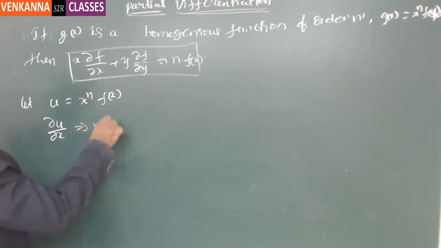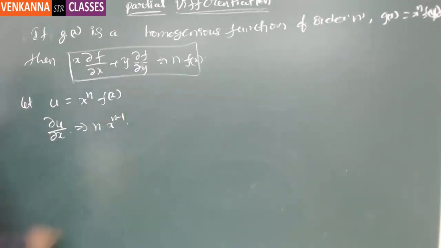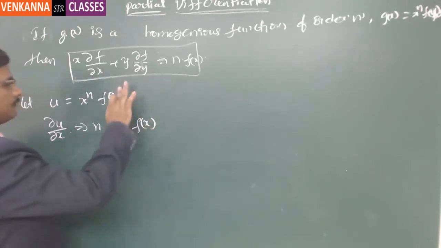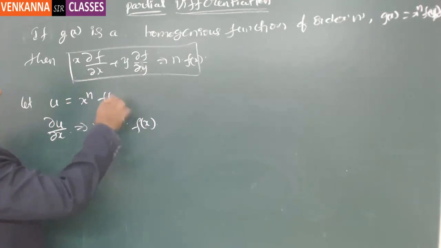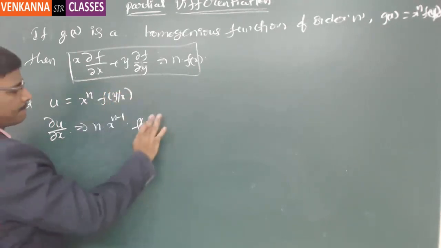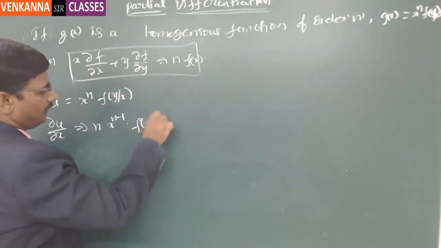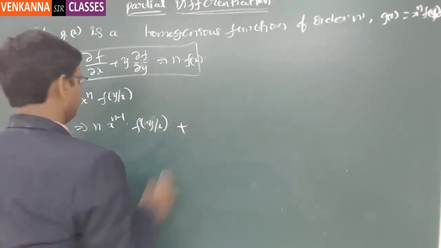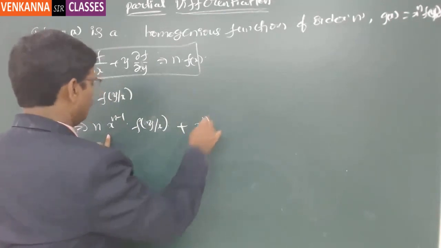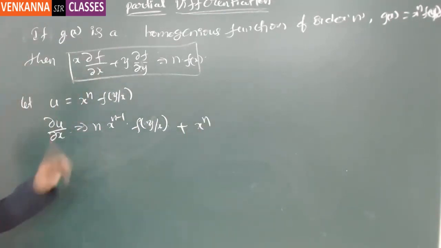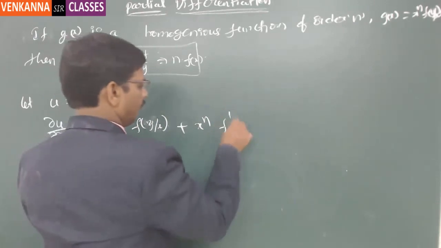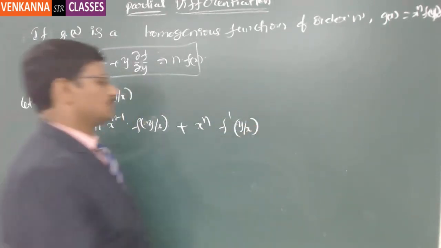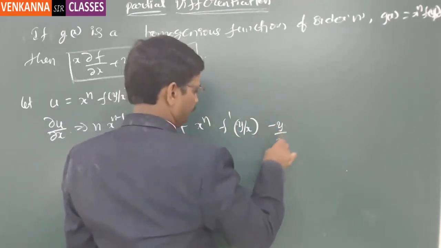It is n into x power n minus 1 into f of y by x, plus x power n into the derivative of f of y by x with respect to x. So this is f dash of y by x into the derivative of y by x with respect to x, which will be minus y by x square.